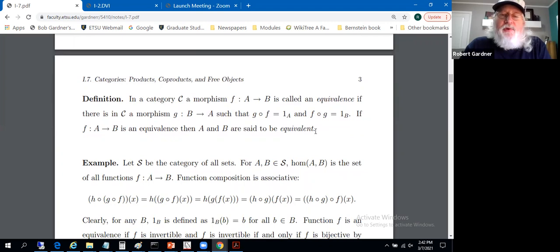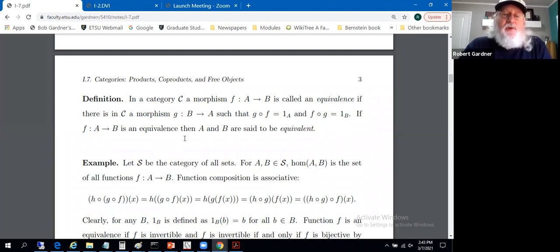First, before we do an example, definition of equivalence, we'll use this a bit. We'll use this in our first proof in particular. In a category C, a morphism f mapping A to B is called an equivalence if there is in the category a morphism g mapping B to A, so the mappings are in the reverse direction, such that g composed with f equals 1_A, and f composed with g equals 1_B.